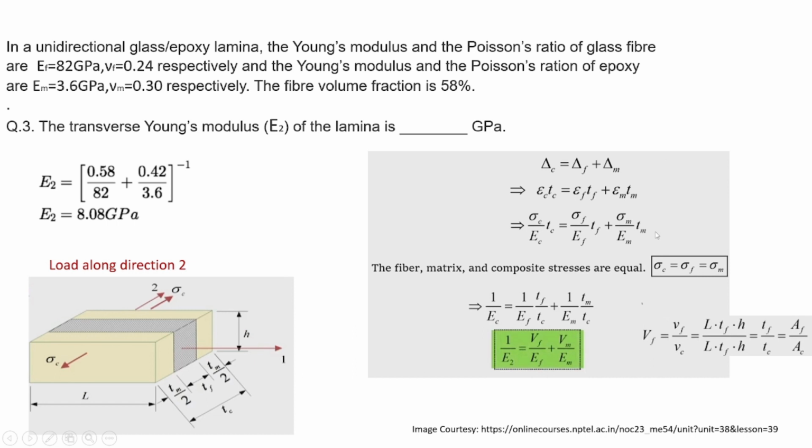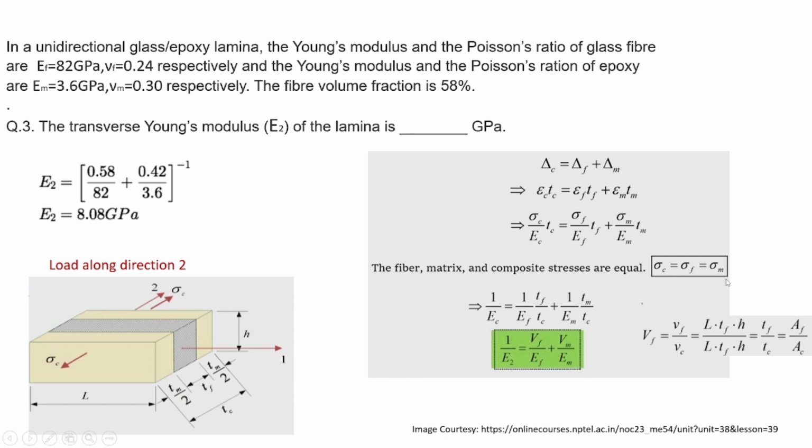We get this equation. Now from Hooke's law, strain is equal to the stress divided by modulus. We get this equation. Here we are assuming that the stress of the whole composite will be equal to the stress of the fiber and the matrix, because when we are putting the load along the 2 direction, the same amount of stress will be on the fiber and the matrix. They won't add up, they will be equal, and that will be equal to the whole stress, that is the whole load as stress on the whole composite.